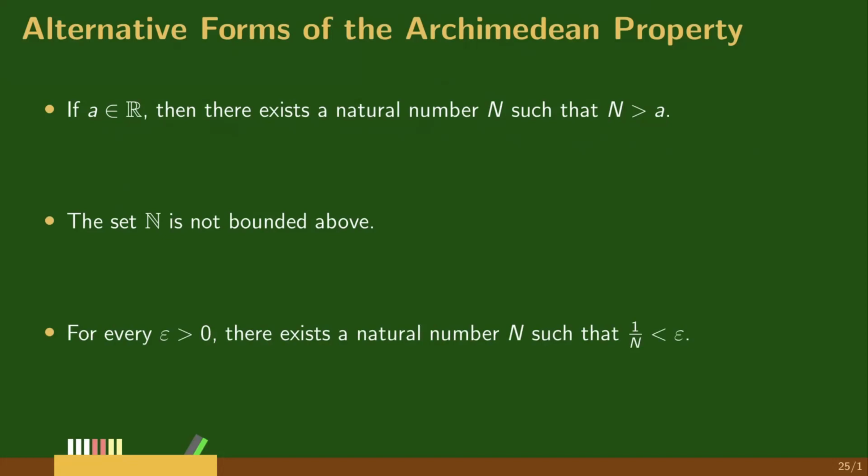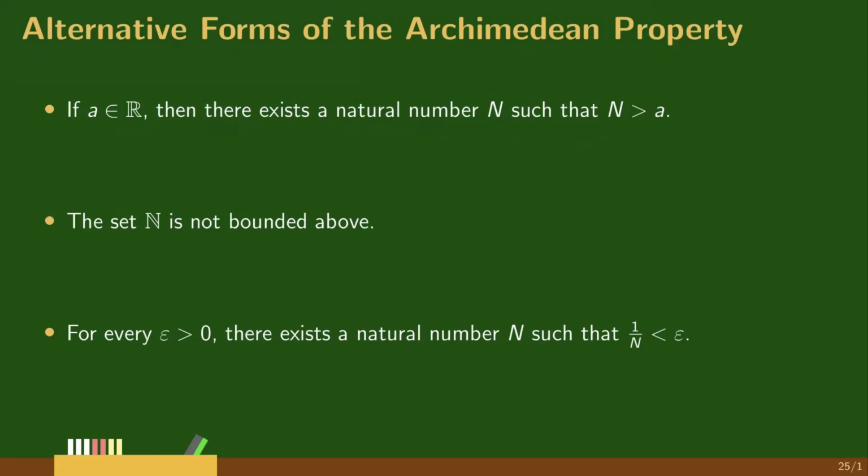Parang sinasabi niyan that if you have a positive number epsilon, however small, usually epsilon is used in mathematical analysis if we want to say that this positive number can be as small as we wish. Usually it represents a small positive number. On the other hand, yung capital N, usually it represents a big natural number.